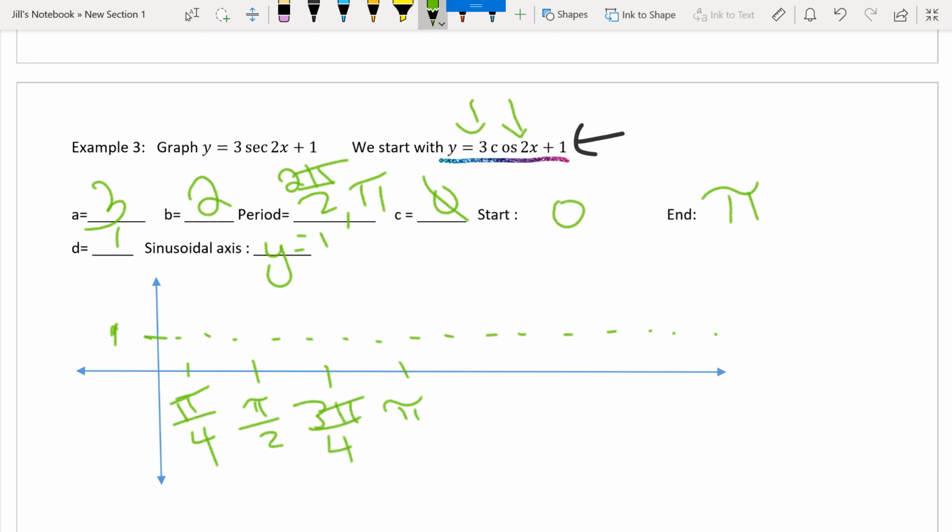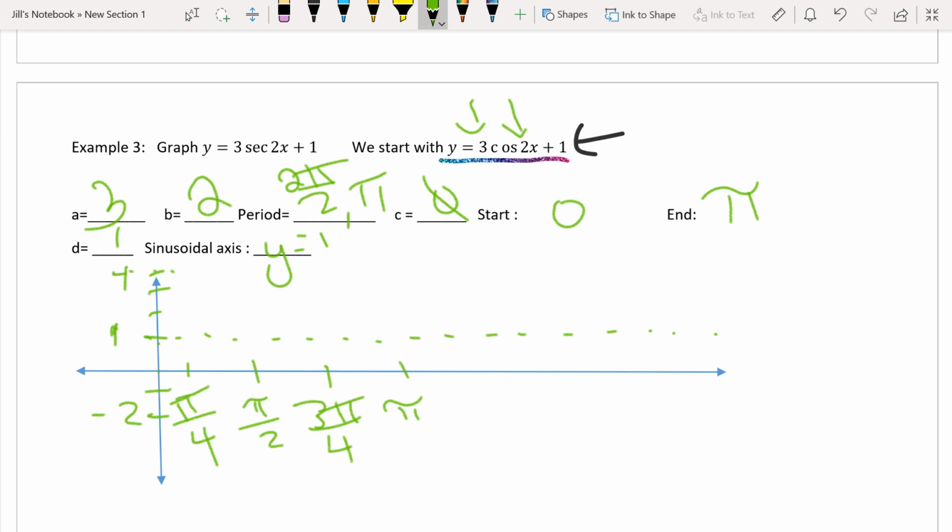Now I've got an amplitude of 3. So this graph is going to go as high as 4. Ooh, I'm going to really run out of space here. And it's going to go as low as negative 2. So I got to go 1, 2, 3. As low as negative 2.